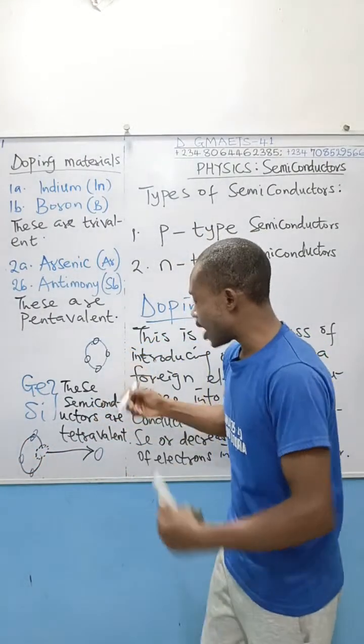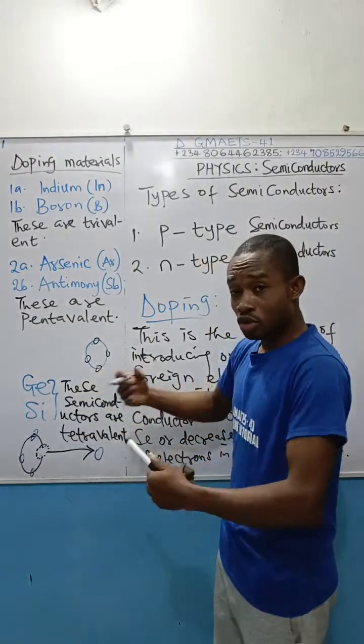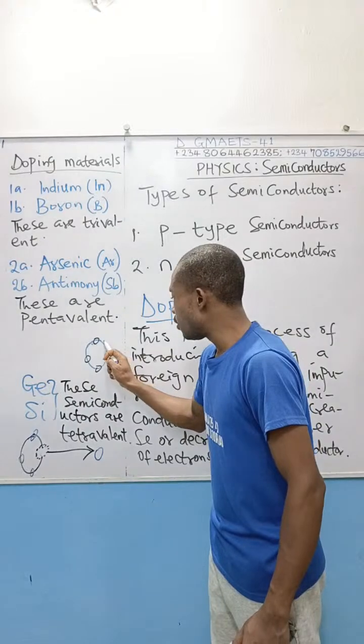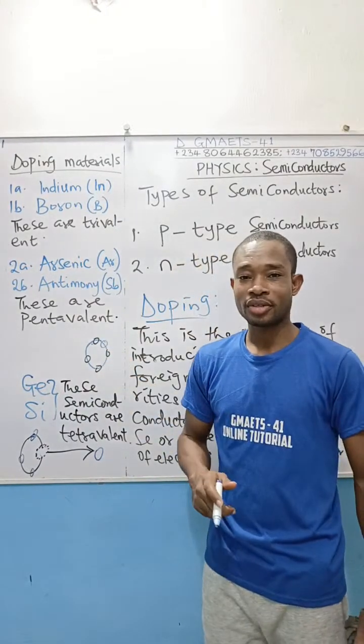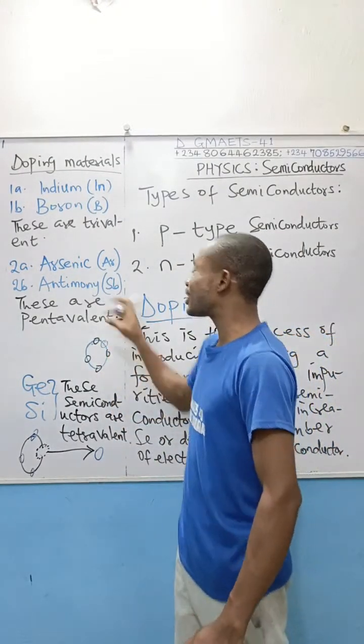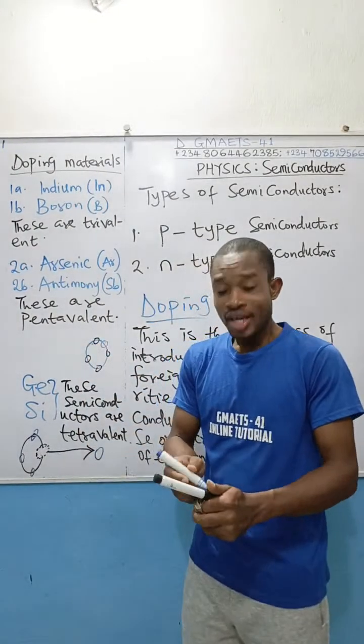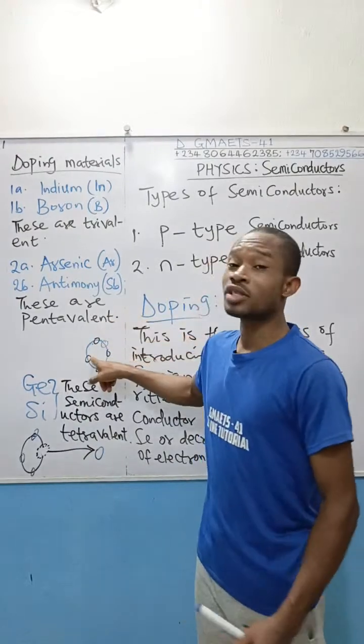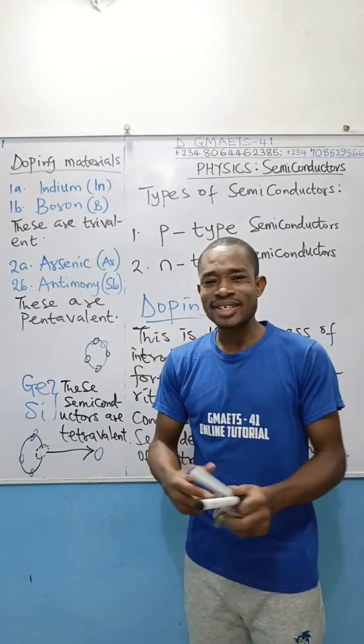Let us assume now that during the doping process, this atom received electrons. If it received, let's say, 1 electron, the fact that there is an increase in the number of electrons is now interpreted to mean that you have more electrons than what? Holes. Why did I say so?